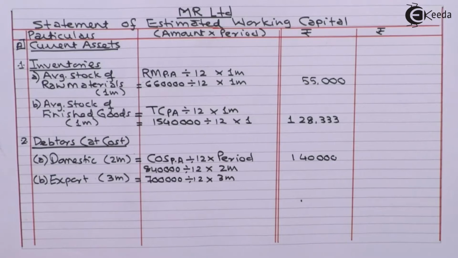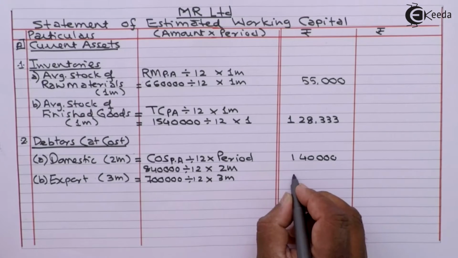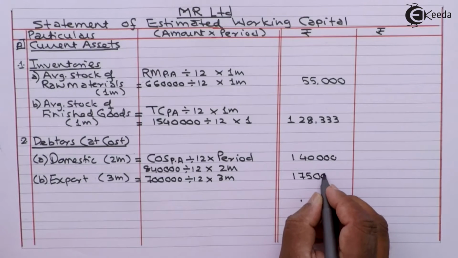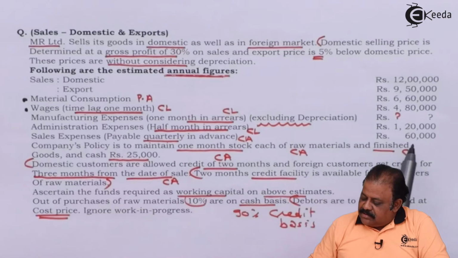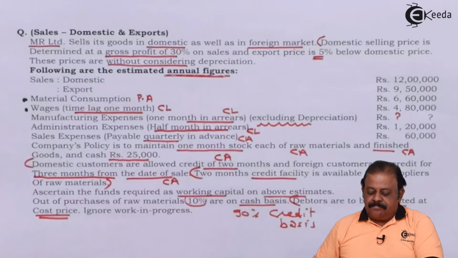In case of export, cost of sales is 7 lakhs divided by 12 multiplied by period 3 months. So debtors in case of export market 1,75,000. Sales expenses 60,000, payable quarterly in advance.